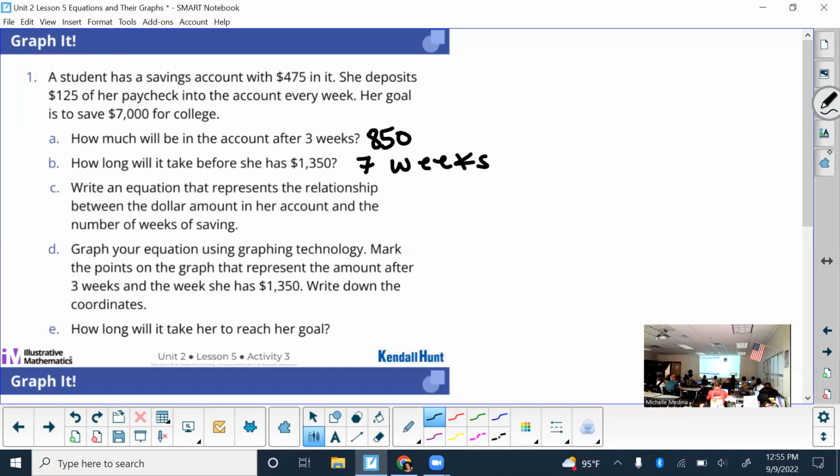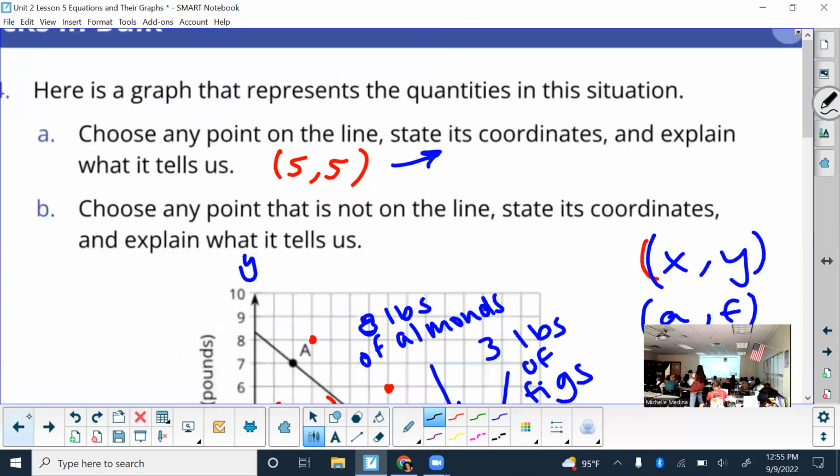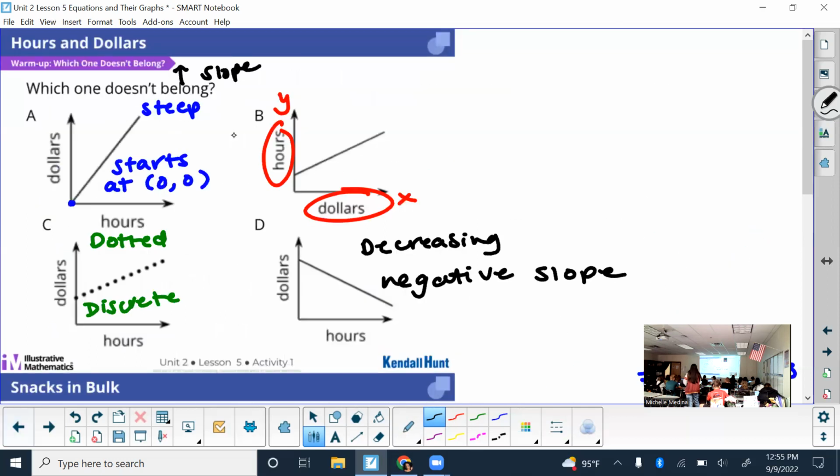Lines that are straight lines are usually in what form? Linear equations have what formula? Maybe if I show you the warm up again. These are all linear equations. What would their equations look like? In what format?